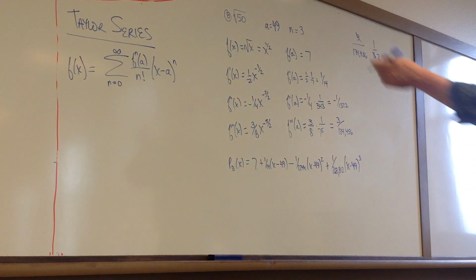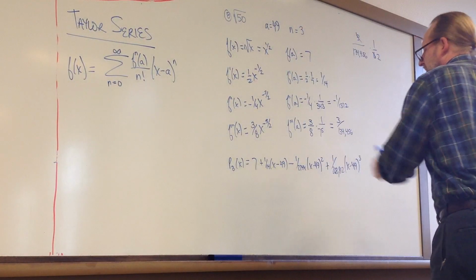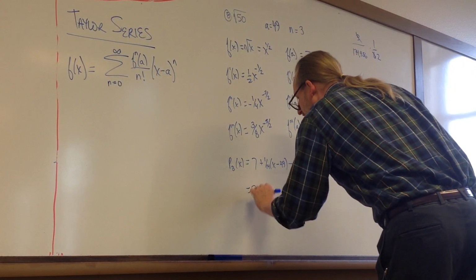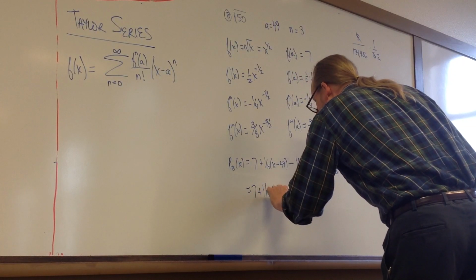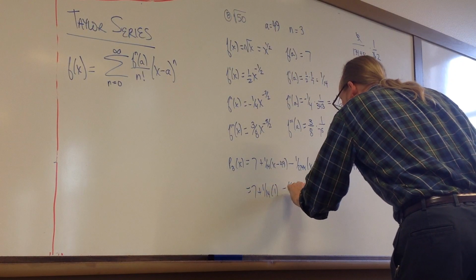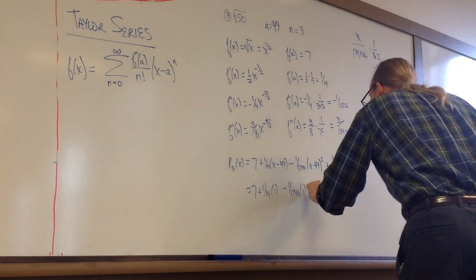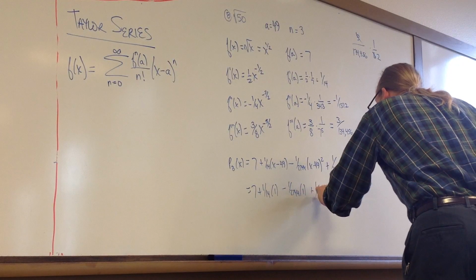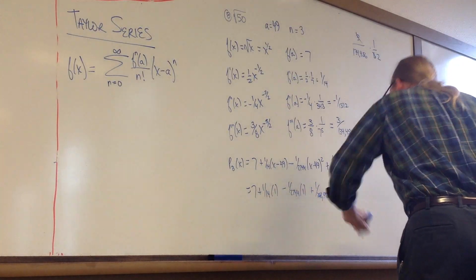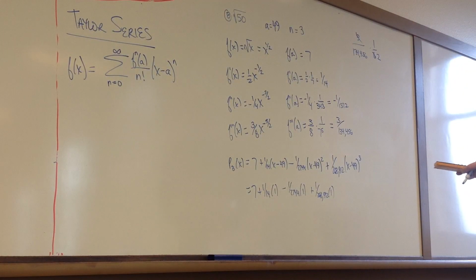Okay, now our x is 50. And so x minus 49 in all of these is just going to be 1. I'll put the 1s in there. All right, so let's see what we got. 7 plus 1 over 14 minus 1 over 2744, and then plus 1 over 268,912.